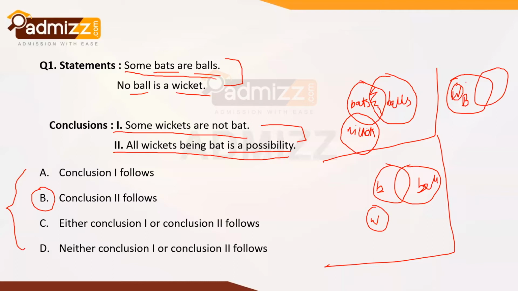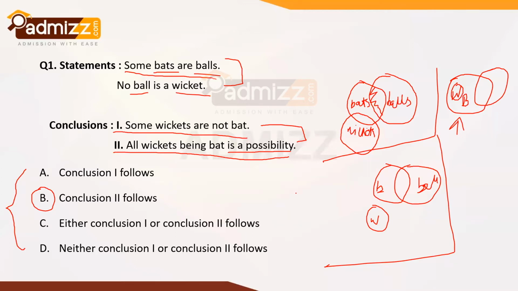But all wickets being bat is certainly a possibility in this case. Am I clear to everyone? All right, awesome. So that's the logic behind this particular problem.